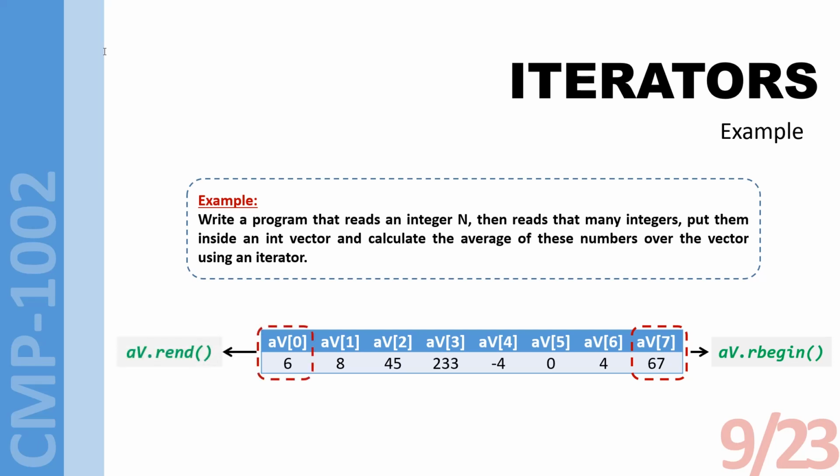And then if you say av.rend, it will refer to the 0th element of the array. Well, if you want to use it, use it. I just don't feel like it. From my point of view, I would prefer to use av.begin or av.end and then go minus minus all the way down to av.begin. But whatever.